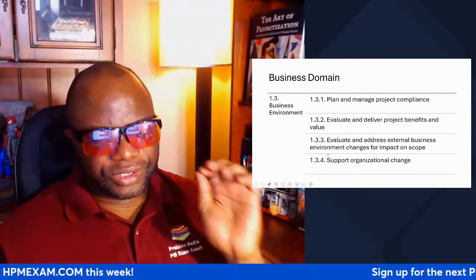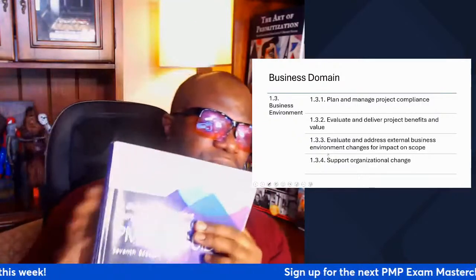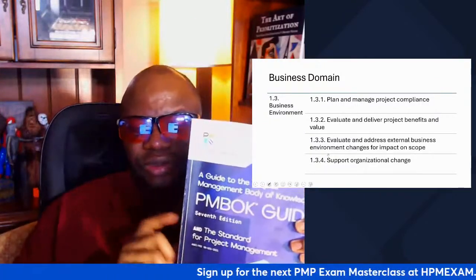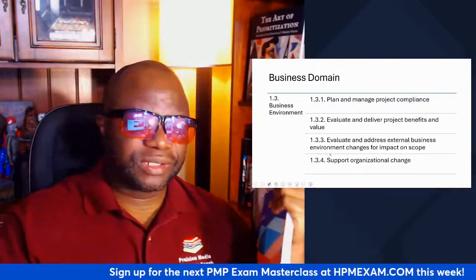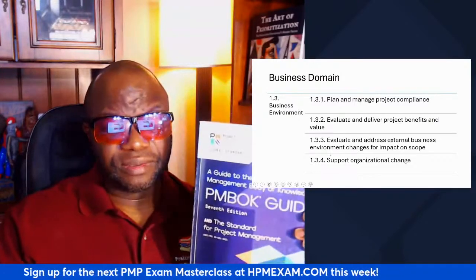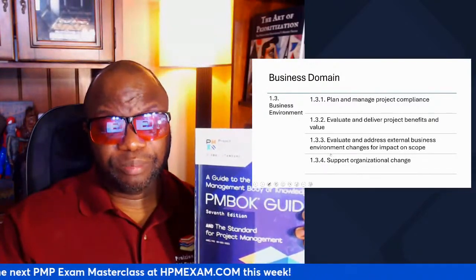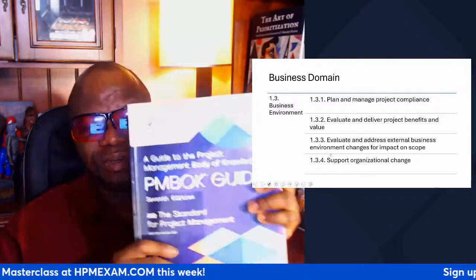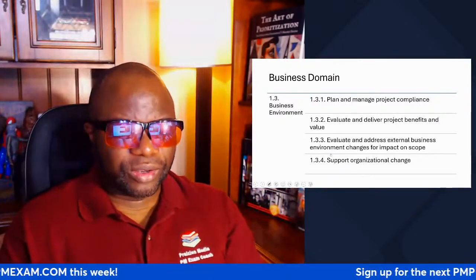So anywhere you see the talk of value, you want to be thinking about business, because you should be in the business of adding value, right? So those are good mentions.